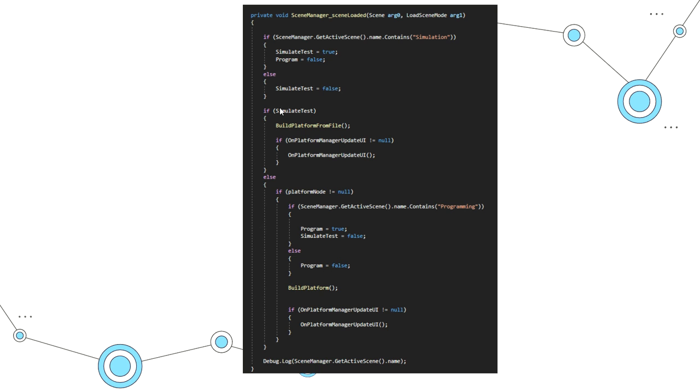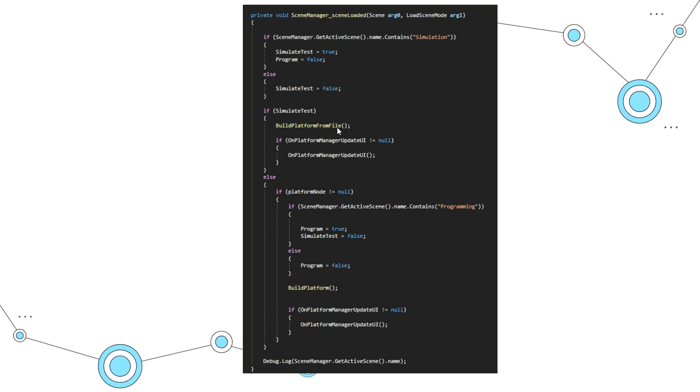So here we have an updated version of the scene loader function, and it's different from my part 2 submission. If the current scene is a simulation scene, we will change the values of the booleans. And then if it's the simulation scene, let's build a platform from file.